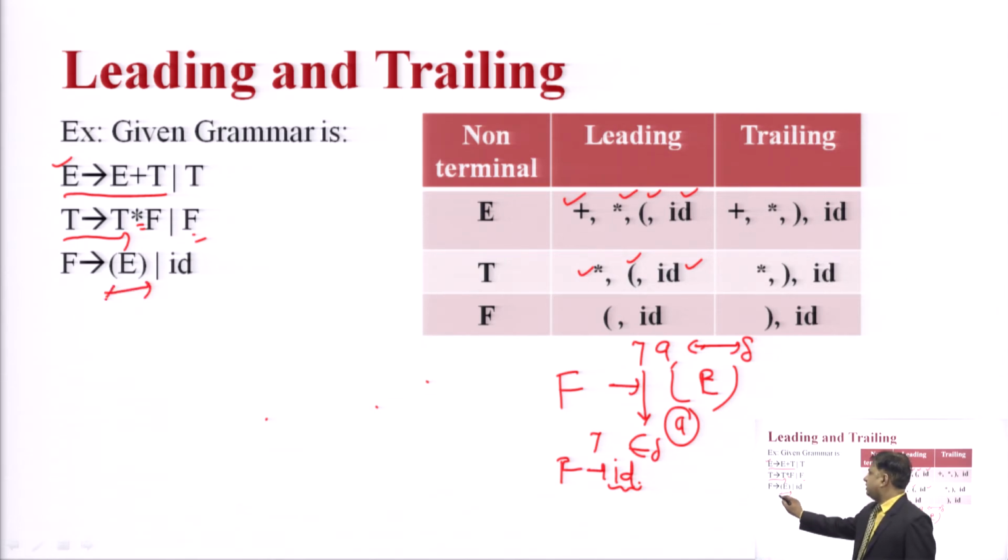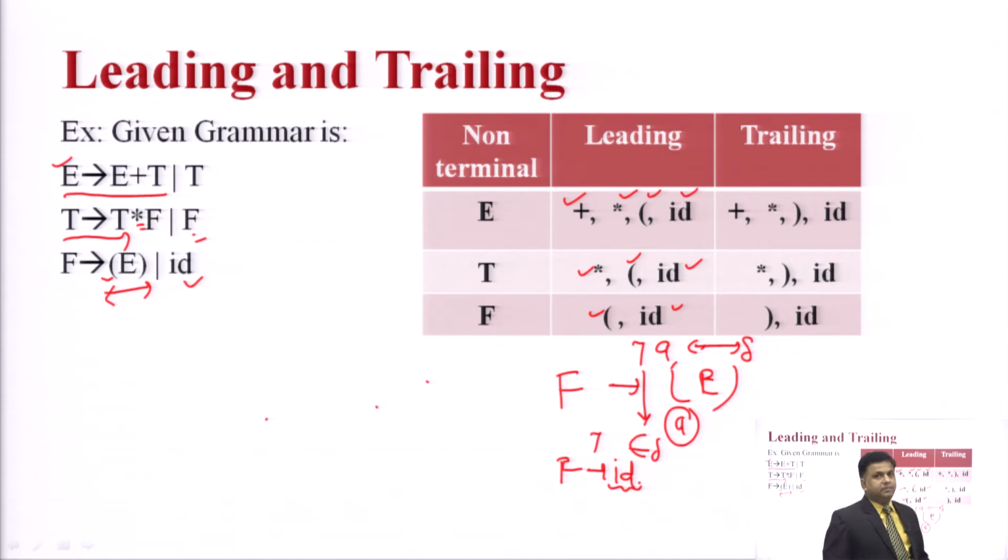So, what is the first terminal symbol which can be derived? This is opening bracket and ID, right. So, opening bracket and ID are in the leading of F, right.